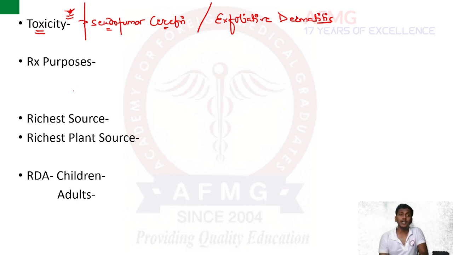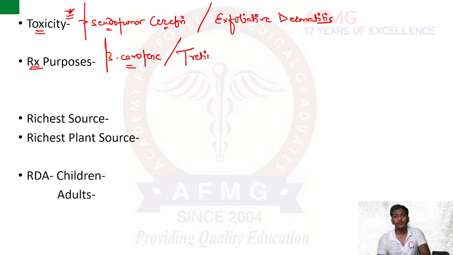If I talk about the therapeutic uses of vitamin A, please remember, first of all, we know vitamin A contains beta carotene. Beta carotene is usually used in cases of cutaneous photosensitivity, right? Whereas the other therapeutic application is tretinoin, also called all-trans retinoic acid.